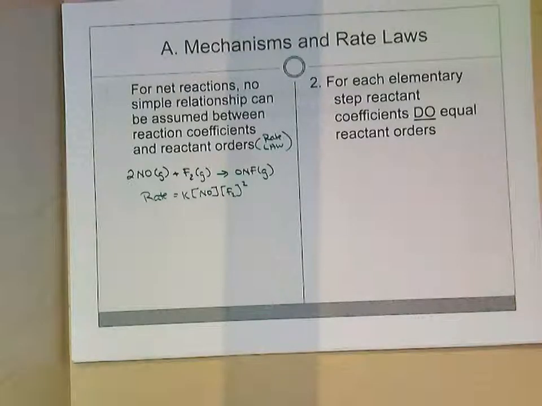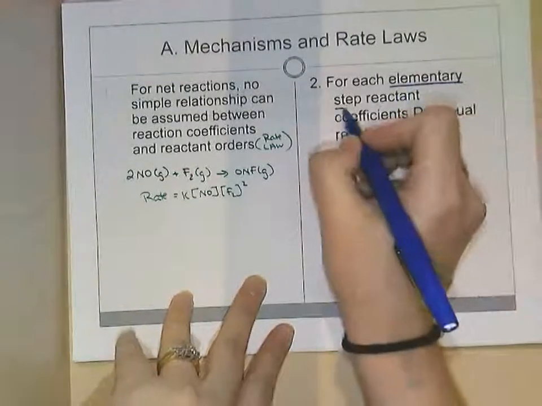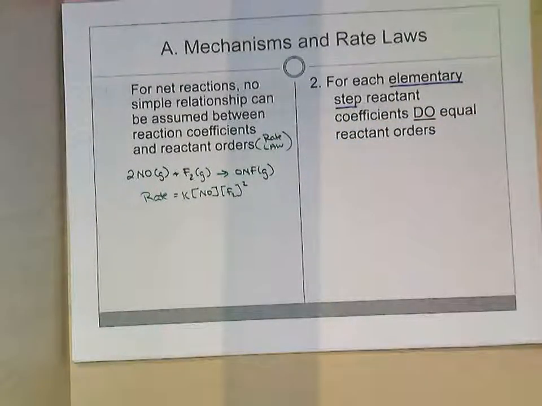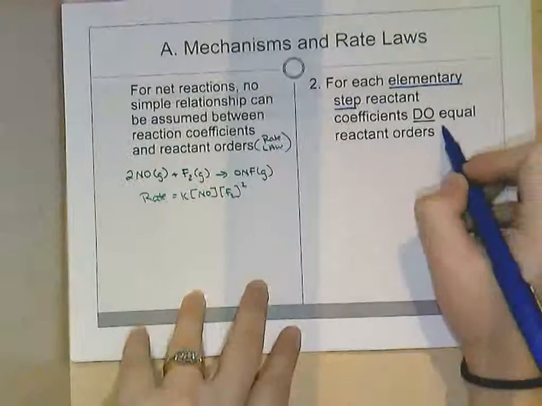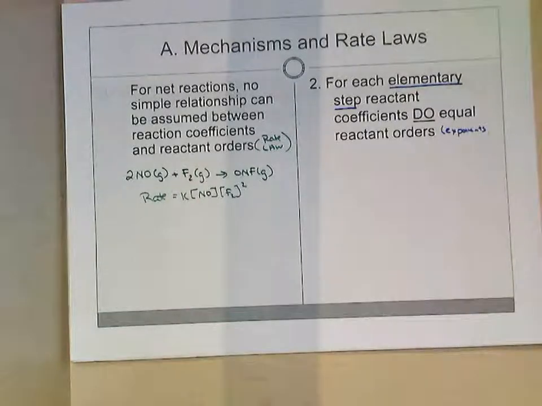However, for every rule there's the exception. If I'm talking about an elementary step, the stoichiometric coefficients do equal the exponents. So will we be informed on which ones are elementary steps? I'd have to tell you it's an elementary step or a net reaction.